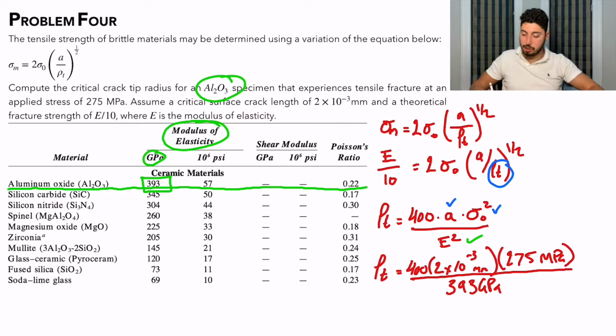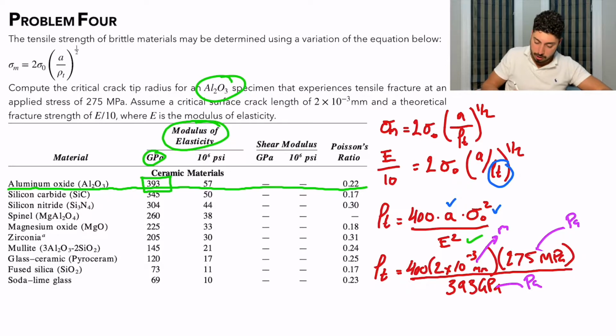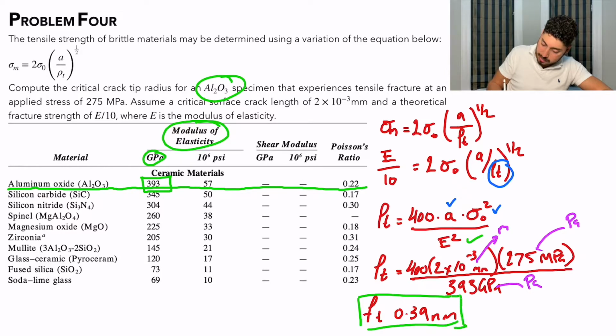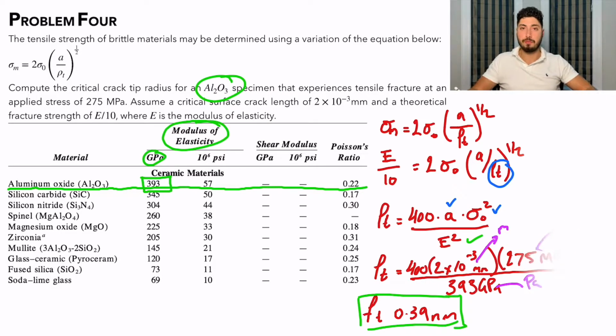Now, make sure you change this to meters and this to pascals and this to pascals before you click enter on your calculator, or else you're going to get a value that's meaningless. So simply plug and chug. You're going to get a critical crack tip radius of 0.39 nanometers. And that is the final answer to problem 4.